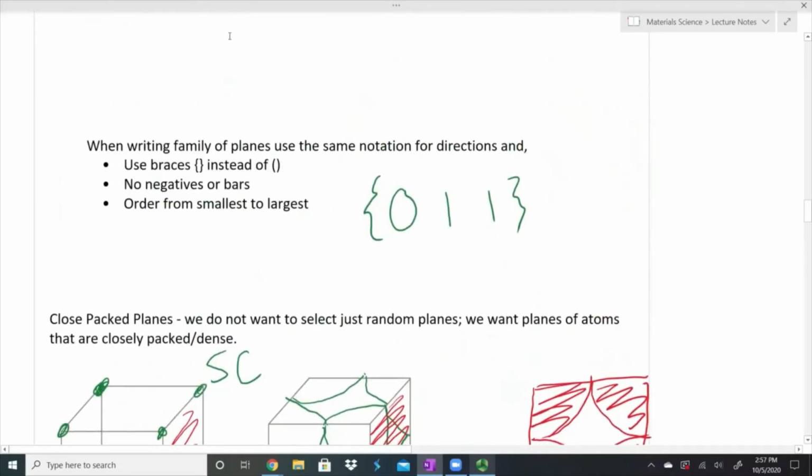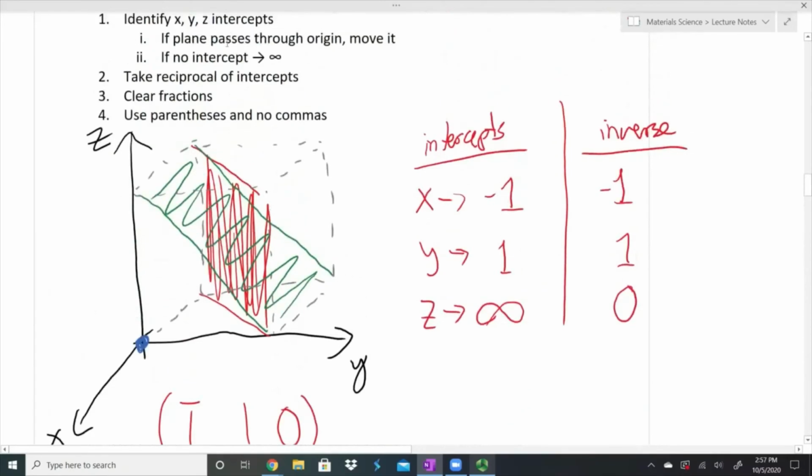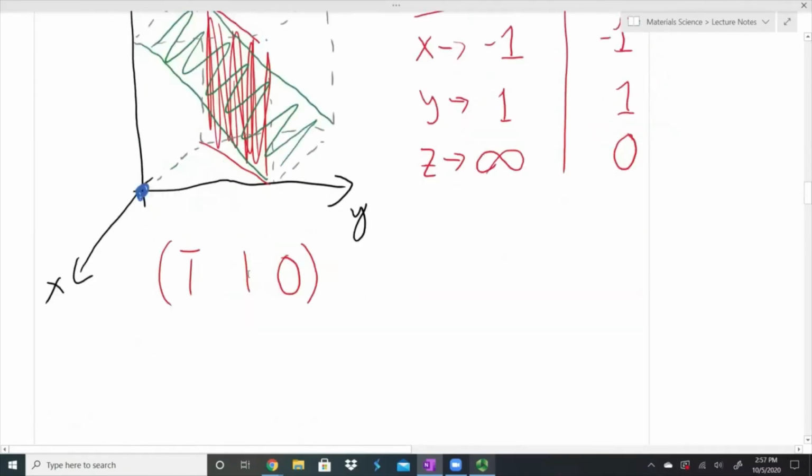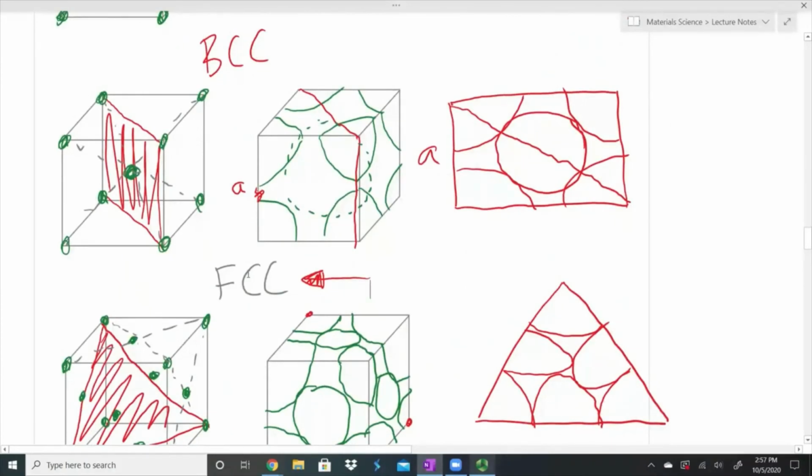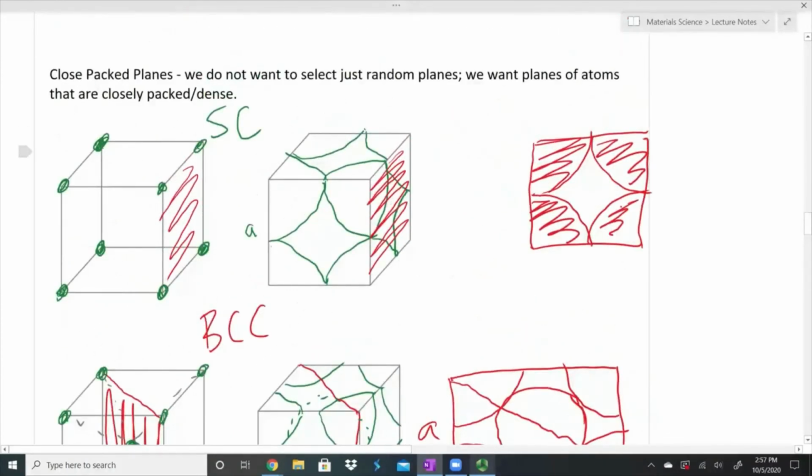And remember that 0, 1, 1 is what we did in this example here. I could have a 1, 1, 1 plane that I could draw through my simple cubic. That's the one that looks like a triangle. But again, that's not necessarily going to be close packed. But it could be good practice to go through and draw it and try to visualize those things.